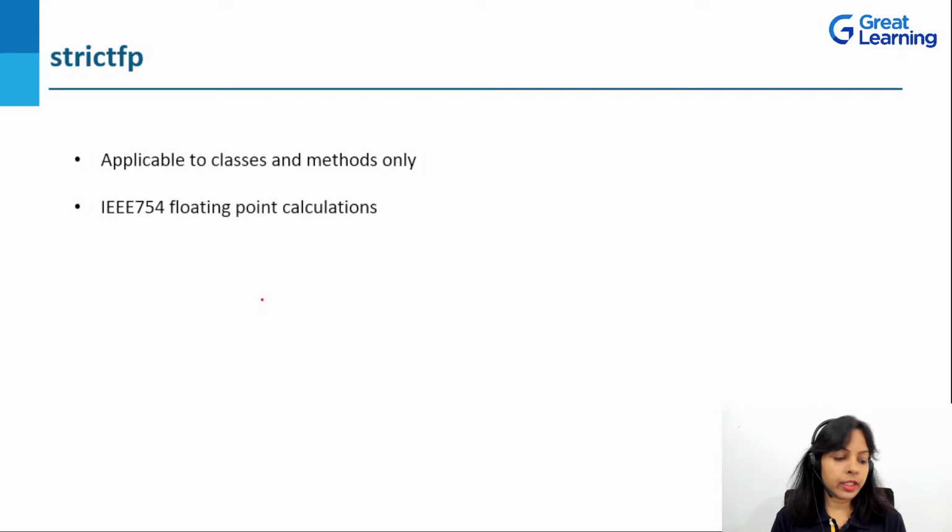Coming to the next modifier, that is strictfp. Strictfp is not very widely used, but you should use it because strictfp makes your code more portable, or you can say more uniform. How? Strictfp is applicable to classes and methods in the first place.